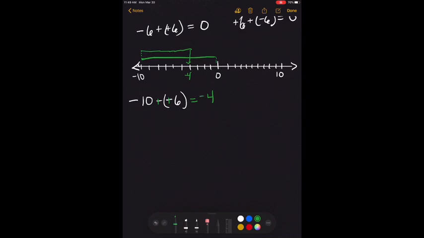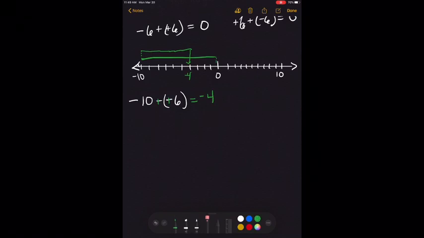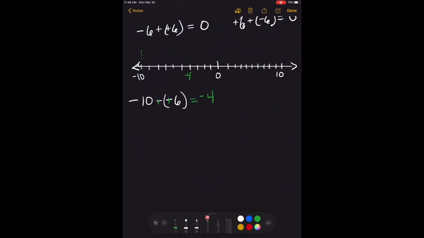Well, 10 is larger than 6, so it gets the negative sign. And that's the only double negative I have for an example. So now let's do another one using our number line.